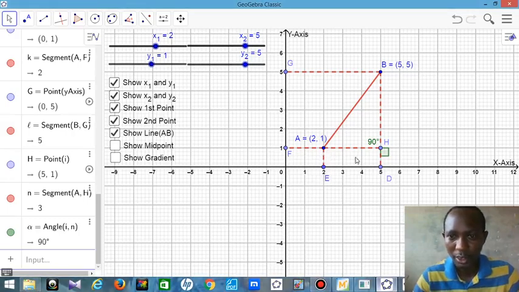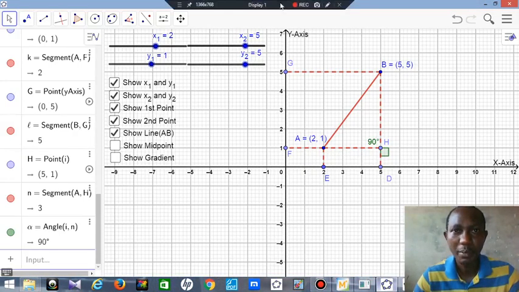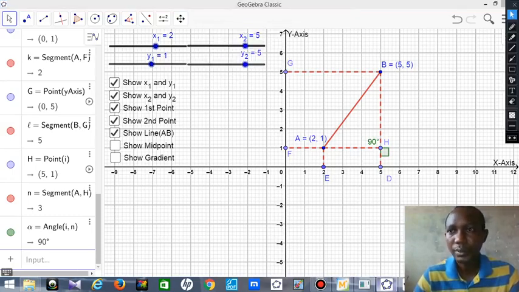So x2 minus x1 is this distance here. So this distance here is x2 minus x1.